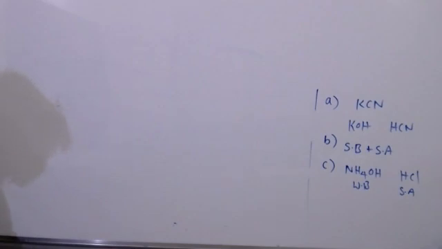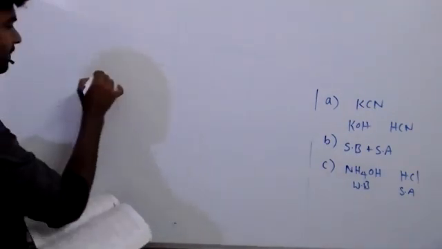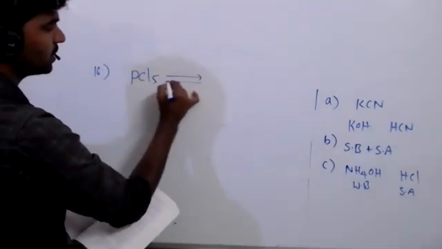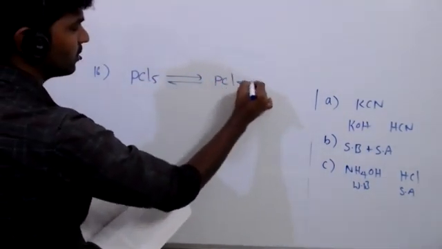Question 16. 3 moles of PCl5, 3 moles of PCl3 and 2 moles of Cl2 are taken in a closed vessel. If at equilibrium the vessel has 1.5 mole of PCl5, the number of moles of PCl3 present in it is? PCl5 on decomposition gives PCl3 and Cl2.